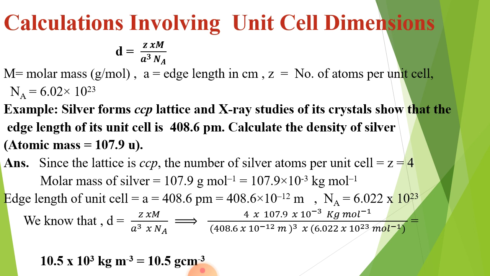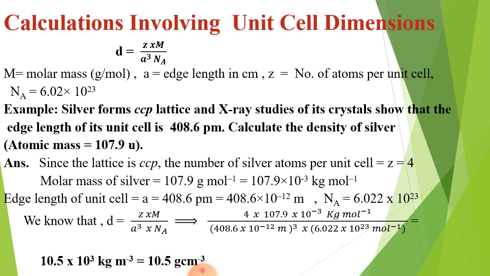You have to write the answer like this. Since the lattice is CCP, that is also known as FCC, the number of silver atoms per unit cell is 4, that is Z equal to 4. The molar mass or atomic mass of silver is given here. You can also convert this into kg per mole if required. The edge length of the unit cell a is given in picometer, multiply by 10 to the power minus 12 to change into meter. Na is given.